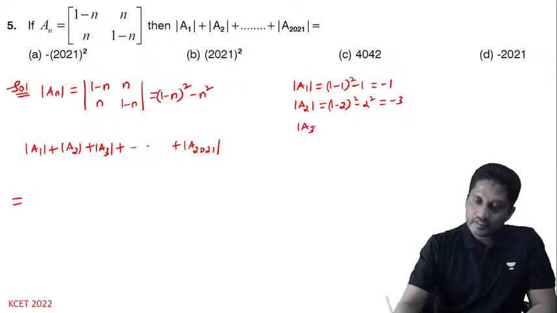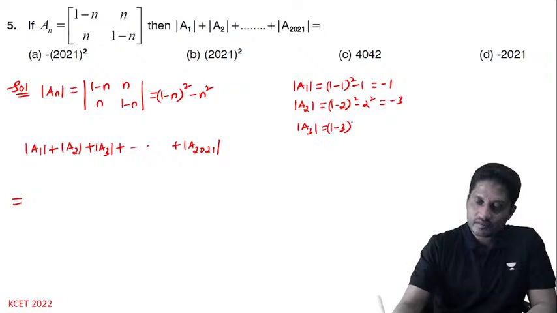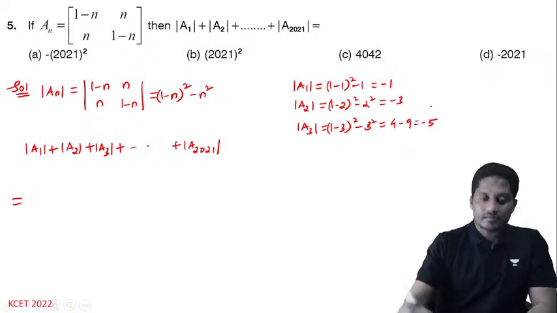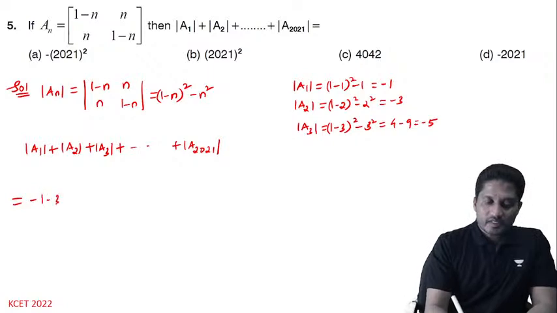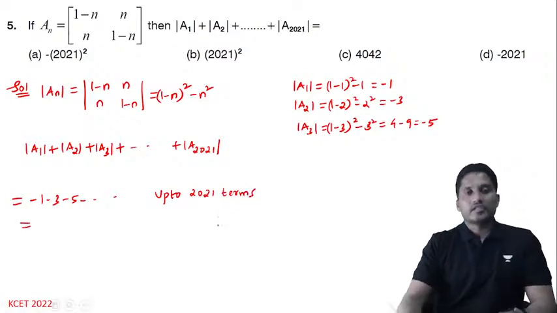Similarly, determinant of a3 is equal to 1 minus 3 the whole square minus 3 square. So this is 4 minus 9, which is equal to minus 5. So all the terms are minus 1 minus 3 minus 5 and so on up to 2021 terms. Am I right, guys? This is in AP, right?